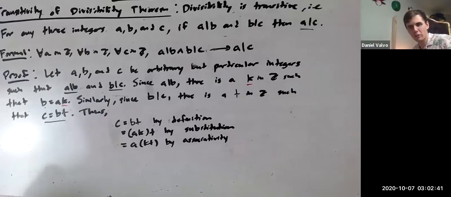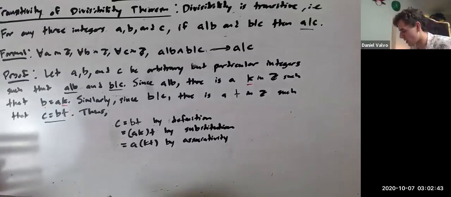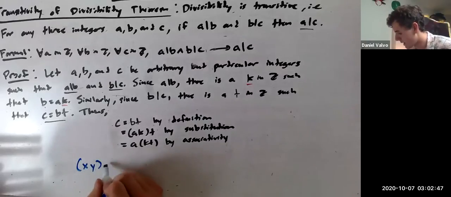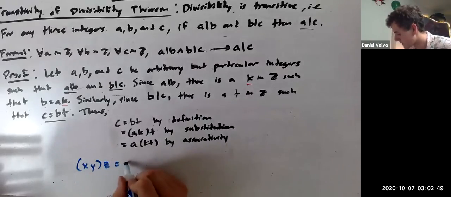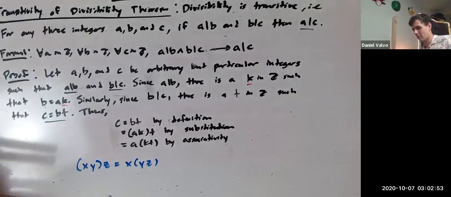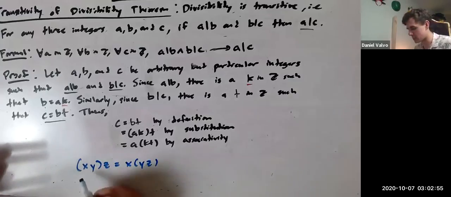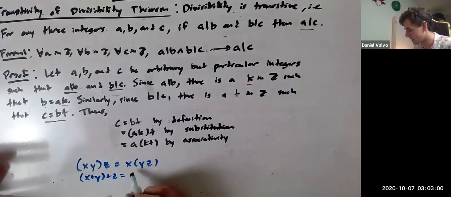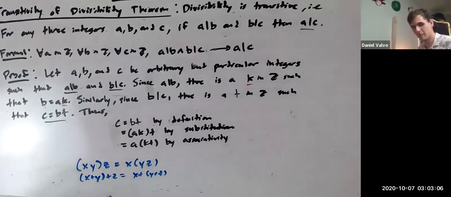And associativity, for those people that either never saw it or forgot it, just means that x times y times z always equals x times y times z, regardless of grouping. It works with plus too. Plus is also associative. x plus y plus z is the same thing as x plus y plus z regardless of grouping.